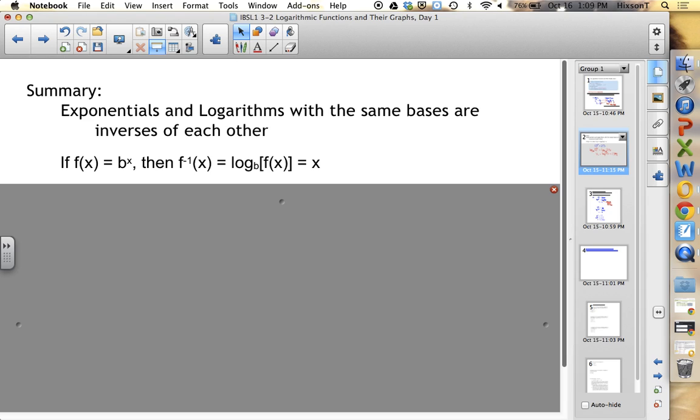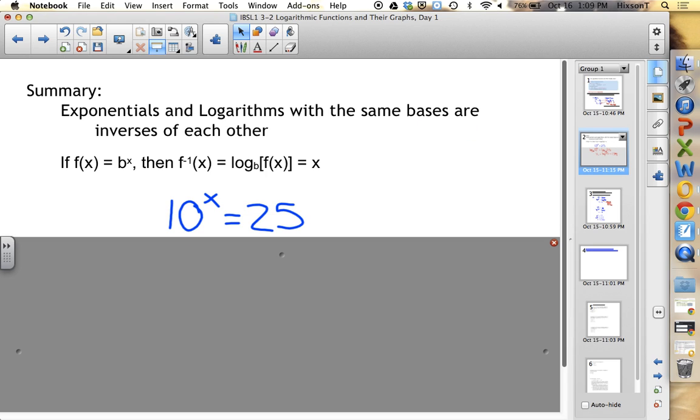Well, now we'll be able to be given a certain value and figure out how long it would take for our investment to grow to that value, or how long it would take for that to grow or decay to the specific value that we know.